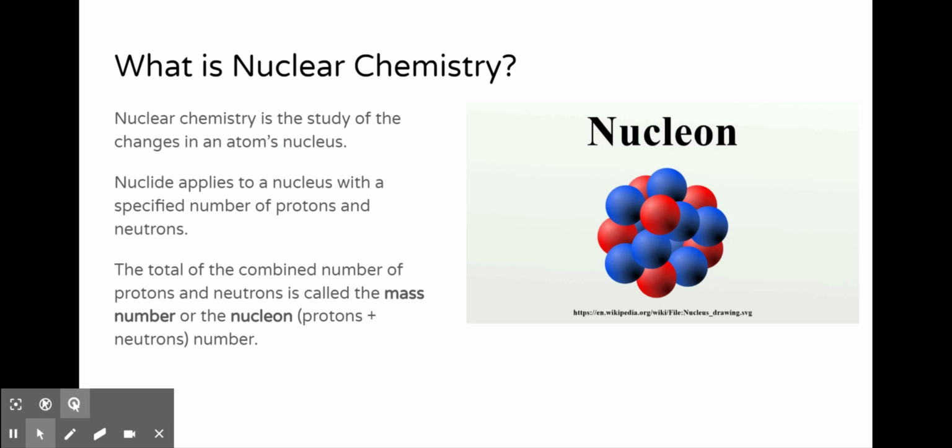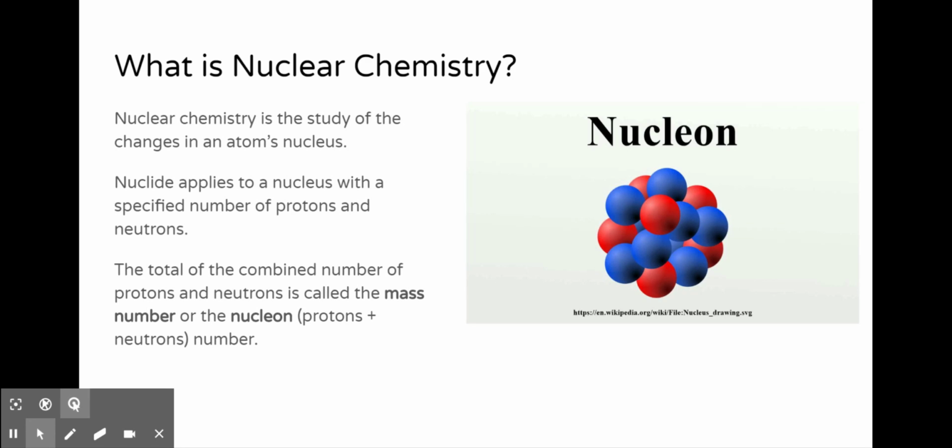What is nuclear chemistry? Well, this is the study of the changes that happen inside the atom's nucleus. So we are very focused on the protons and the neutrons as nuclear chemists. A nuclide applies to a nucleus with a specified number of protons and neutrons. When we were first learning about isotopes, we would say the carbon-12 isotope because that is the mass number, the number of protons and neutrons inside the nucleus.